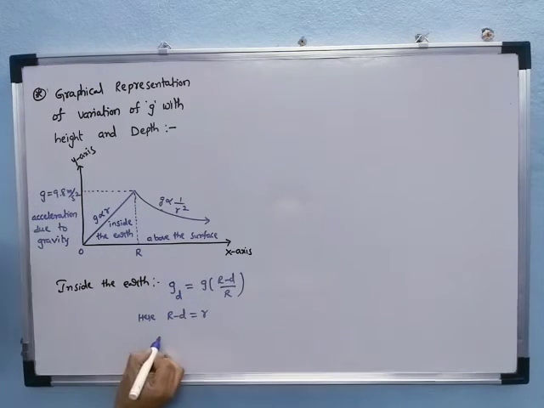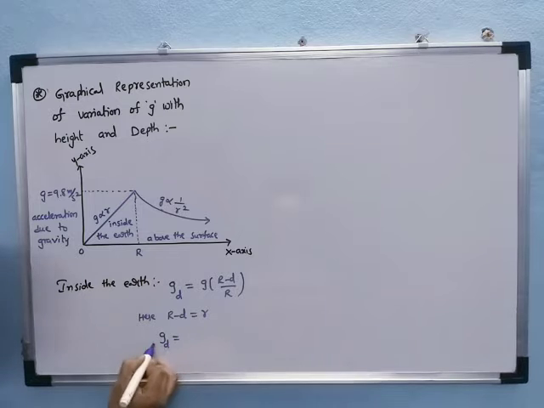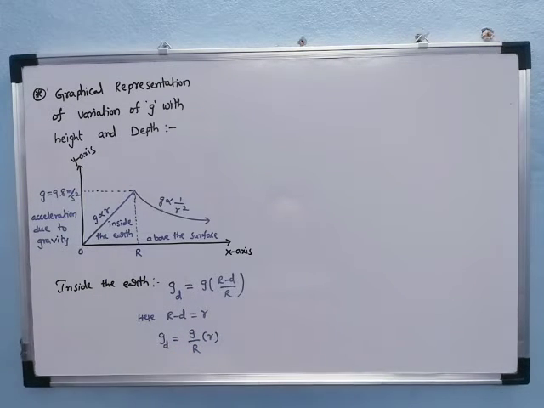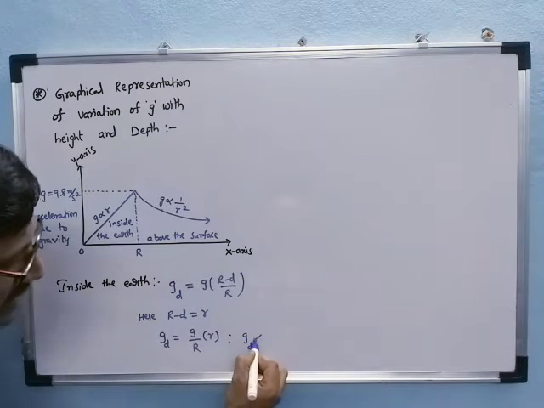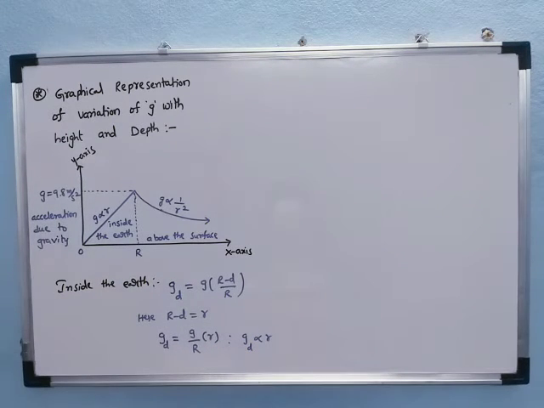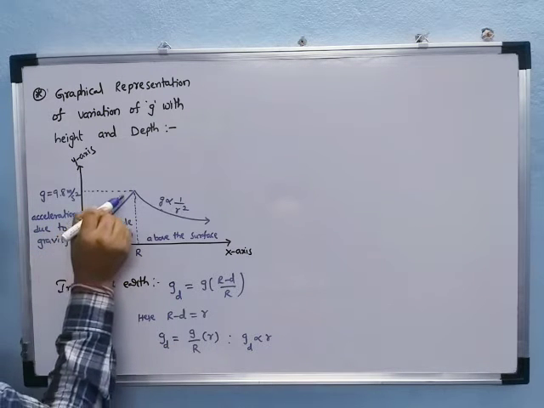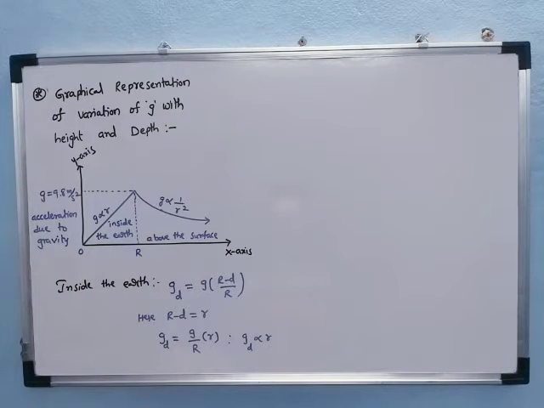Substituting, g_d is equal to g by R into small r. That means the acceleration due to gravity at depth is directly proportional to the distance, so the graph is a straight line passing through the origin, increasing because it is directly proportional.